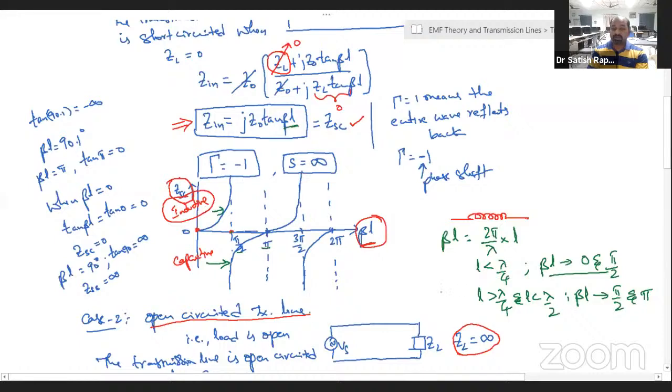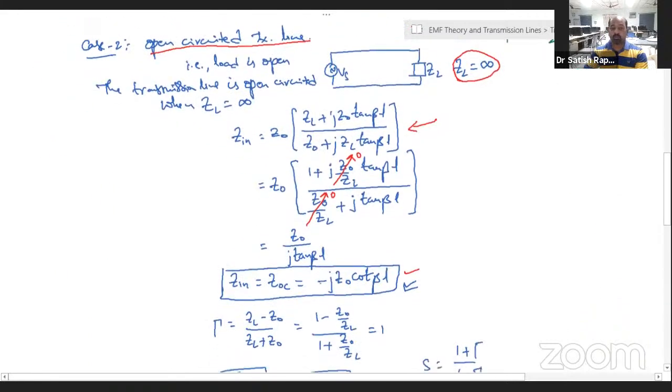When beta L is in between pi by 2 and pi, we can say from this graph that the input impedance is capacitive. Therefore, the equivalent circuit of the transmission line is a capacitor, for a short circuited transmission line.